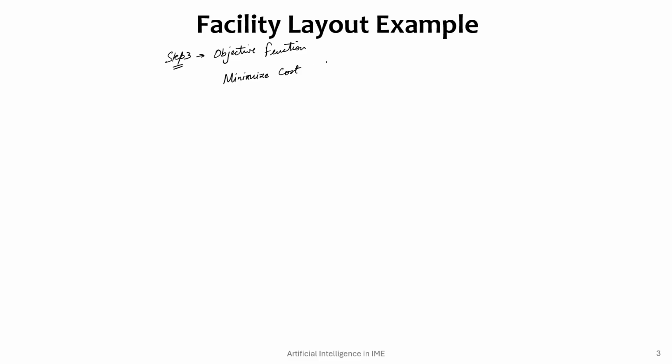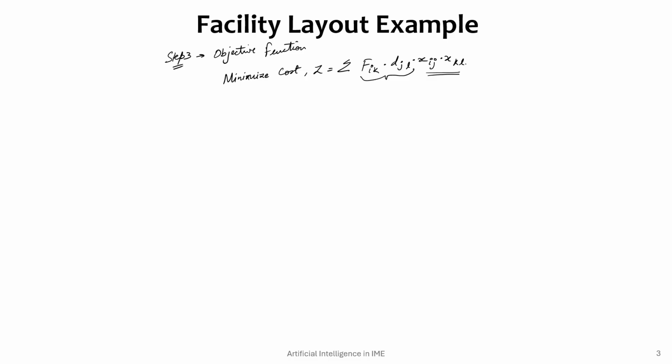Let us denote this cost with Z. So Z is your flow between i comma k and your distance between j comma l and your decision variable of assigning i comma j and k comma l, right? So the summation of the cost that we get by calculating this product by utilizing these two decision variables, right?